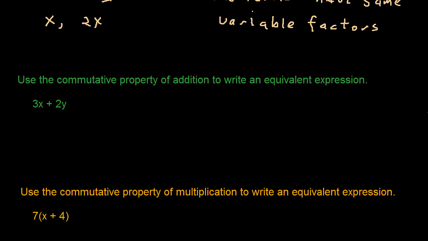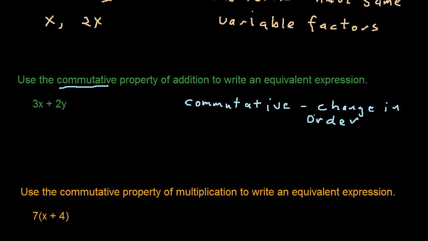Next problem, use the commutative property of addition to write an equivalent expression. And we have 3x plus 2y. What does commutative mean? Well, commutative means a change in order.